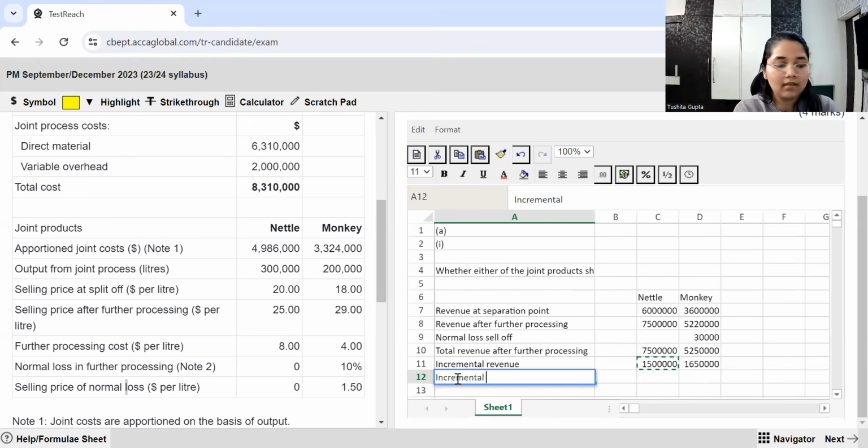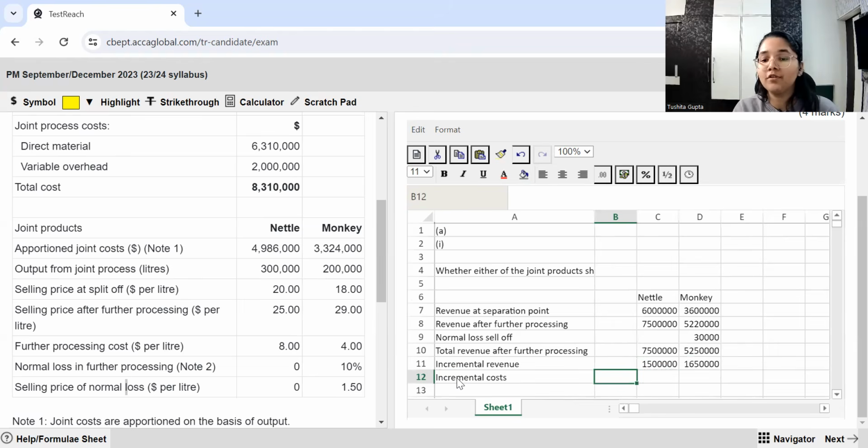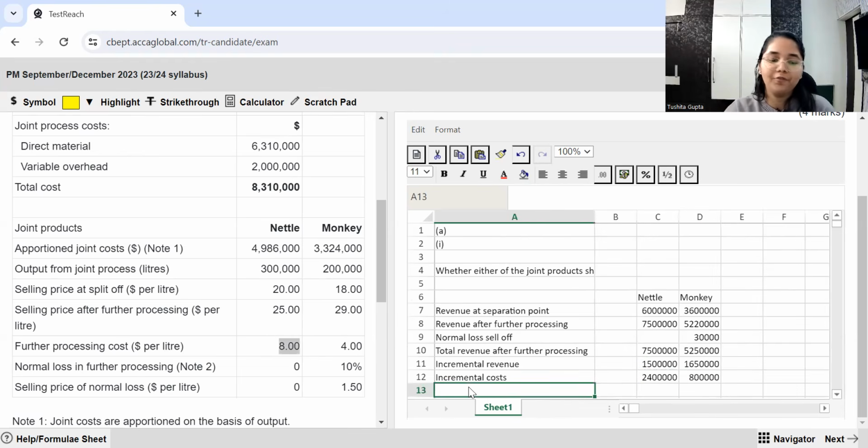If I process these products further, I'm also going to have to incur some costs, right? So the further processing cost is given, 8 and 4. So equals 8 multiplied by the number of units, which is 300,000. And then I also have 4 multiplied by 200,000. So this is my additional cost which I have to incur in order to process them further.